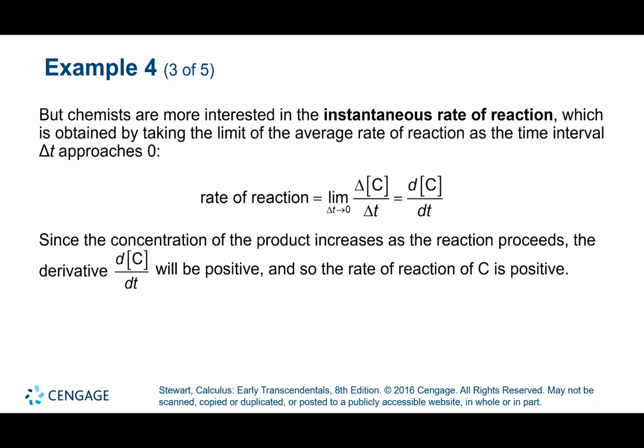So here we're thinking about how fast a chemical reaction happens. We could get the average rate, right? That's not a constant thing, so it's not necessarily linear. Maybe it starts off fast and then it slows down toward the end, or the other way sometimes. So when we take the limit, we get the instantaneous rate of change.